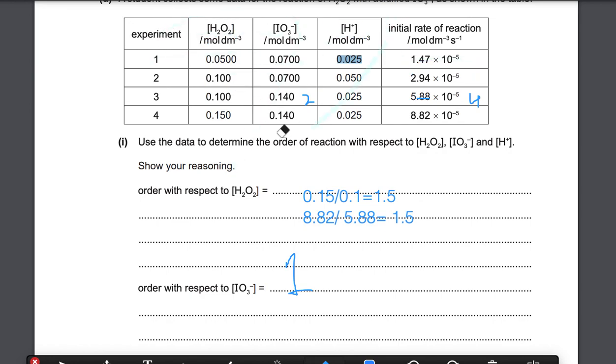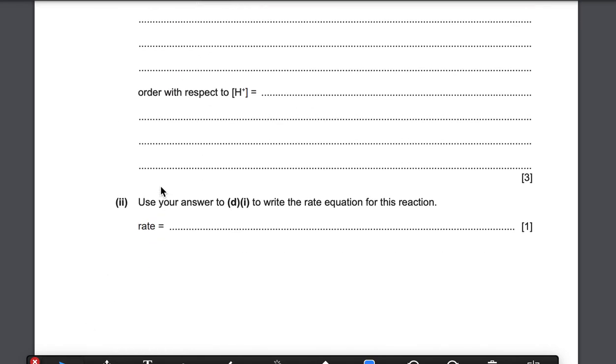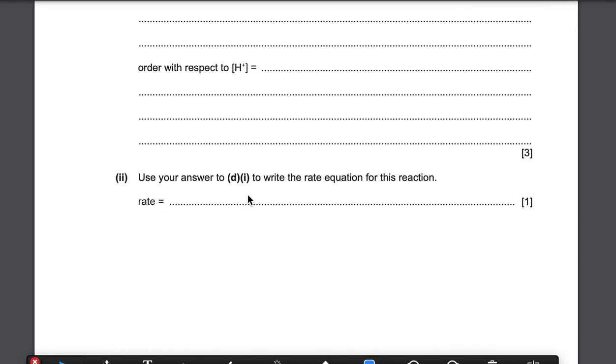Now let's erase this and move on. Okay, use your answer to write the rate equation. So how we write the rate equation is, let me draw it.